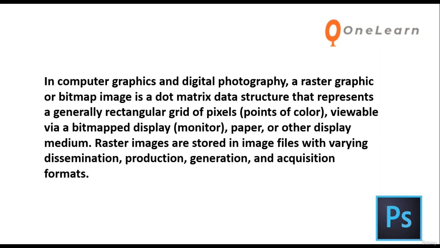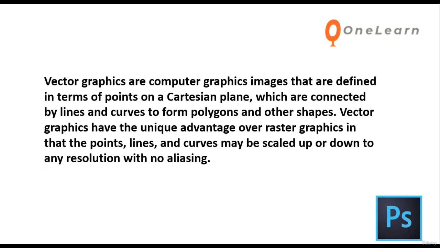Now, a vector graphic is an image that is defined in terms of points on a Cartesian plane, which are connected by lines and curves and may be scaled up and down to any resolution without it looking pixelated.